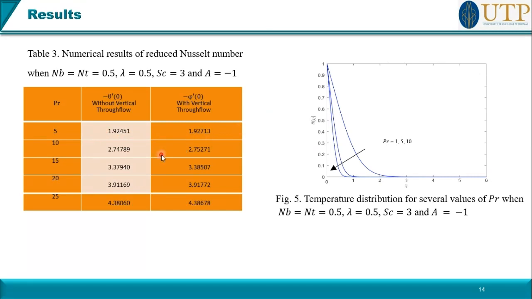This is because when the vertical through flow is considered, the energy equation includes the convective component. So that's why there is a difference.